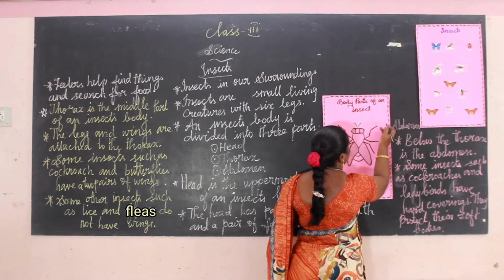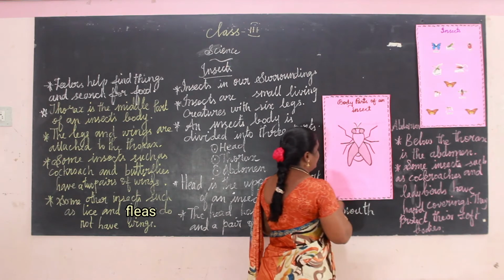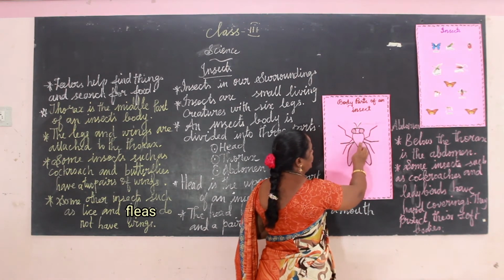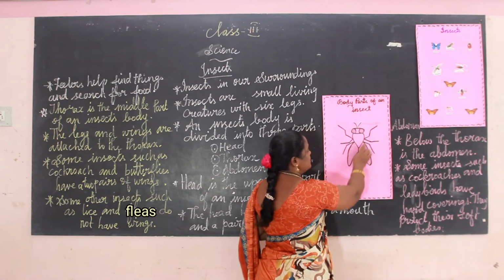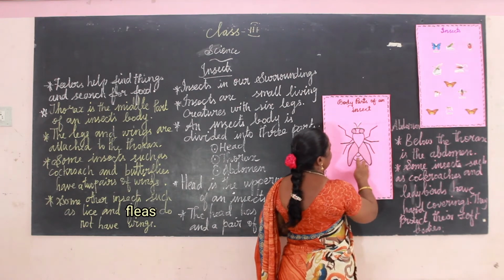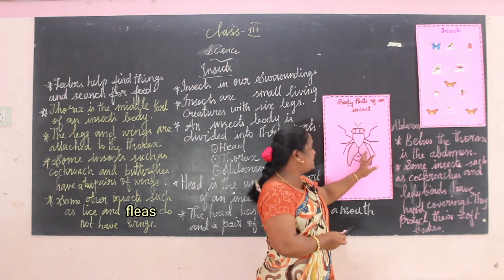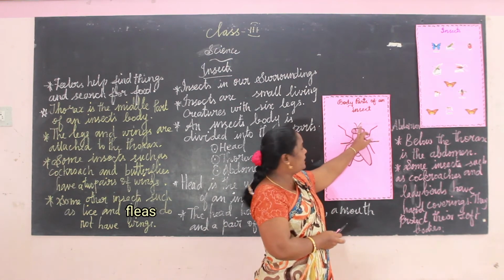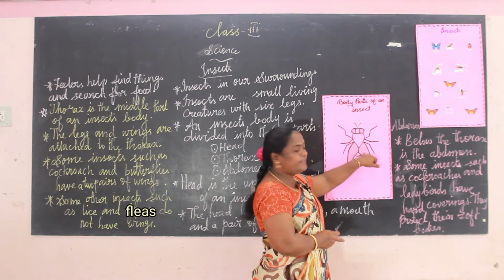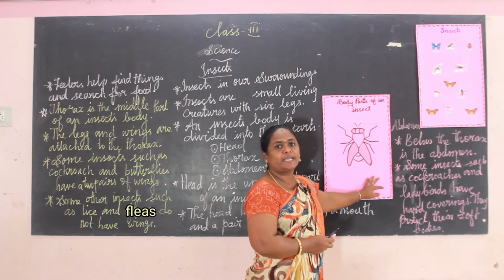Next, these are the eyes, this part is the thorax, these are legs, this one is wings, and this part is the abdomen. So these are the parts of an insect: feelers or antennae, eyes, head, thorax, legs, wings, abdomen.